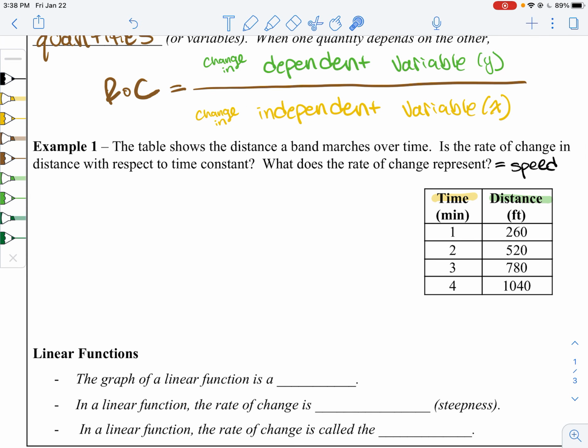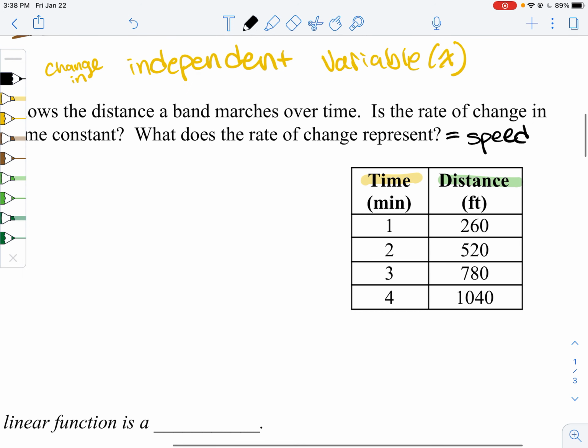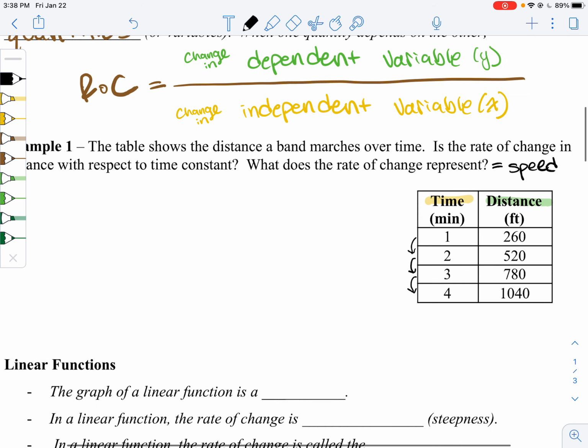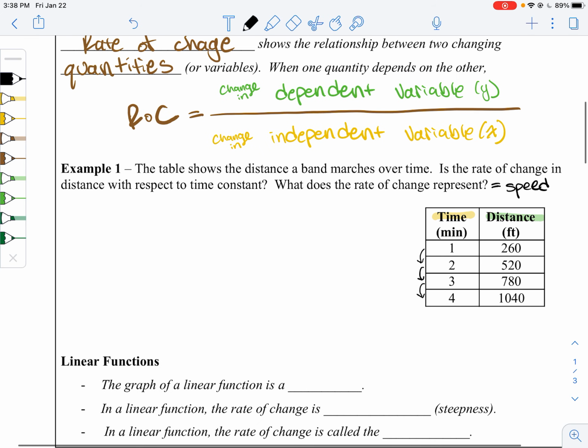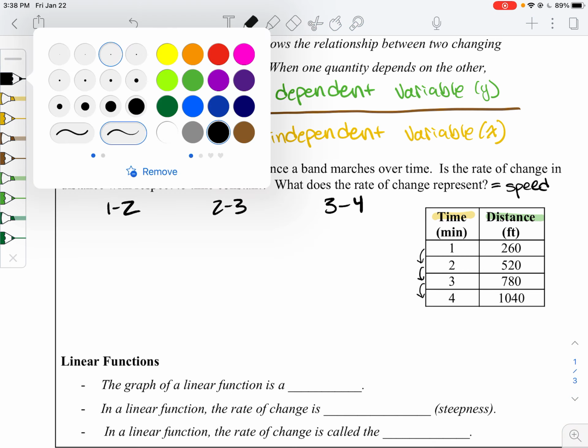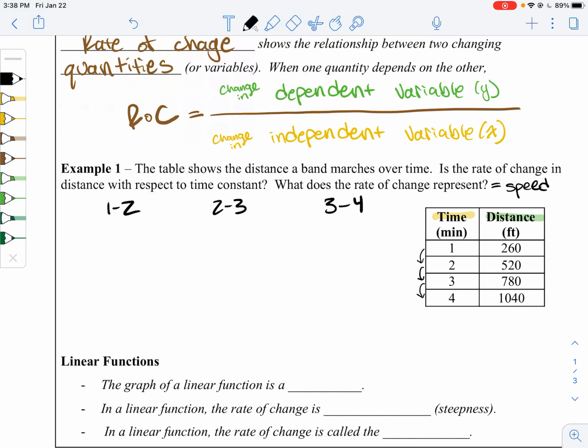Let's see how quickly this is changing. I'm going to go ahead and split this into sections. First, we'll look at from the first minute to the second, then from the second to the third, and then from the third to the fourth. Let's split your paper into 3 sections.